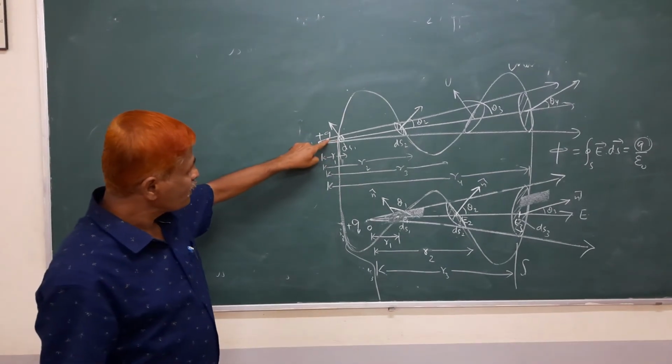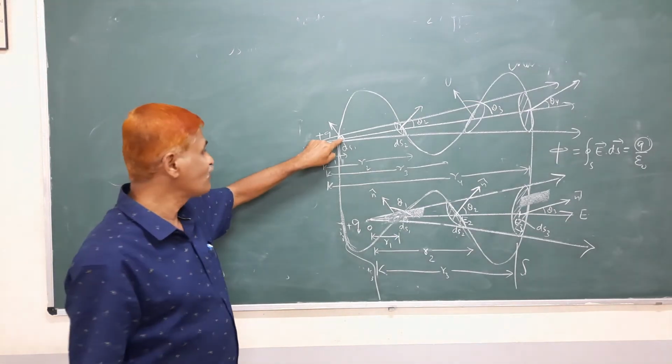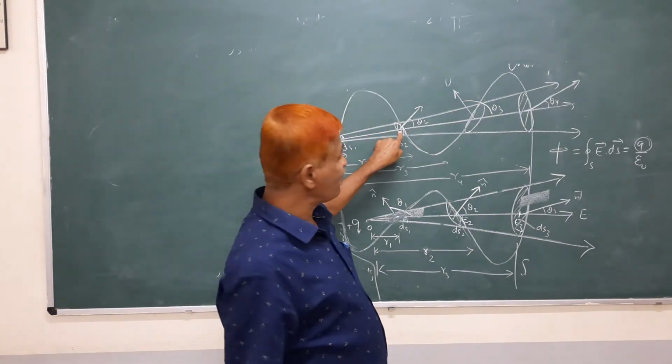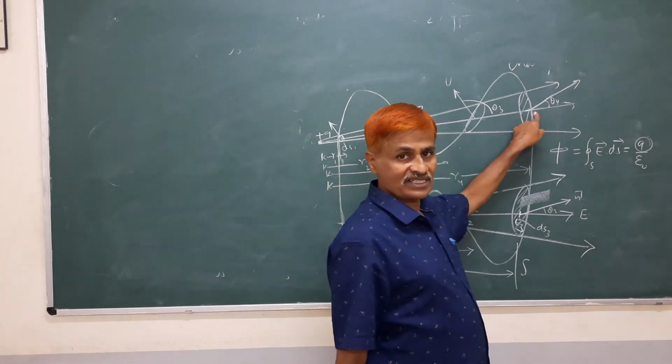Here, the lines of force are entering, positive flux, leaving, negative flux, again entering, positive flux, leaving, negative flux.